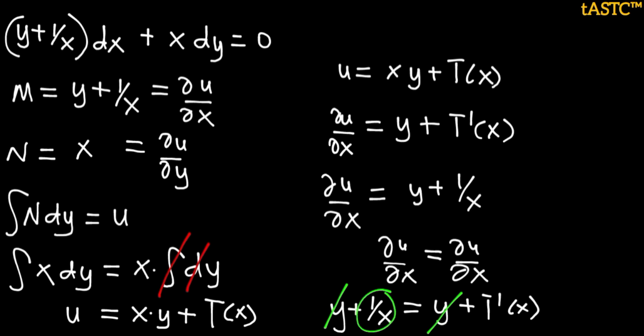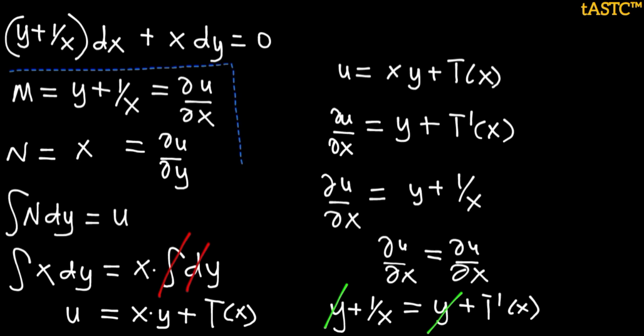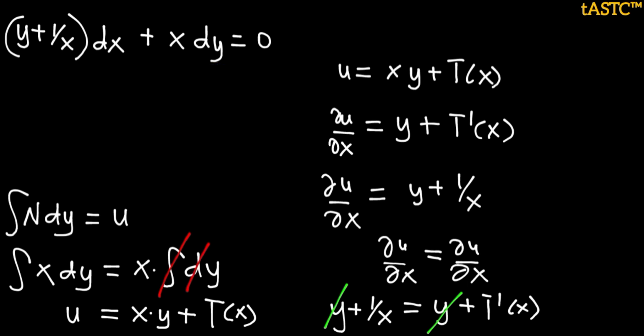So we're just going to have this equal to this. So we got t prime of x equal to 1 over x.